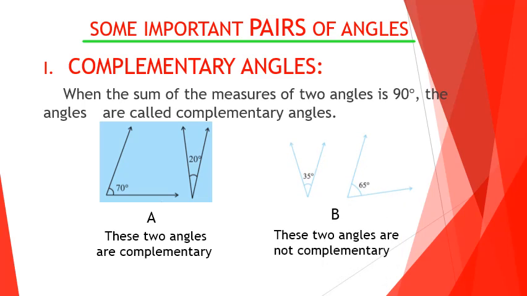Next example, 35 and 65. You can add these two angles. What is the measure you are getting? Yes, it is not equal to 90 degrees. It is 100 degrees. So figure B is not complementary angles.